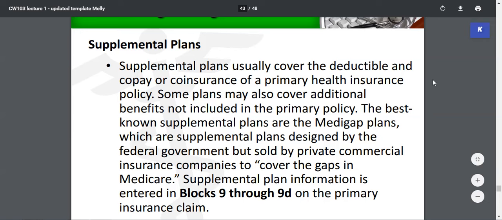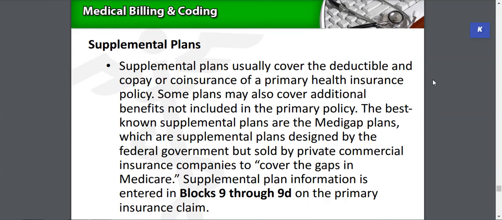The patient will pay a little bit extra to have coverage, let's say if you have a $5,000 deductible and you have to have an MRI. An MRI can run you $300 to $400 easily depending on the area. That supplemental insurance will assist in covering that deductible, whereas your insurance is going to actually pay for the procedure once the deductible is covered.